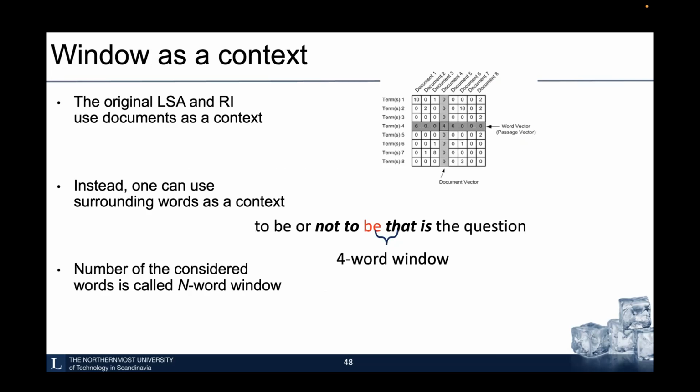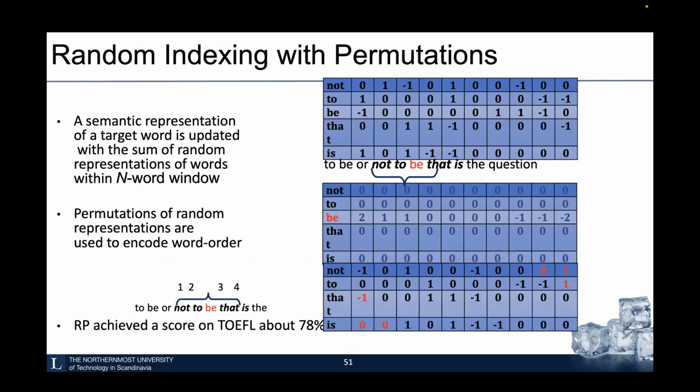In the same way, you create a context. That's the next modification of random indexing. You create a vocabulary of all possible words, a dictionary of all possible words. First, you don't give any meaning to it, which means you assign random patterns.